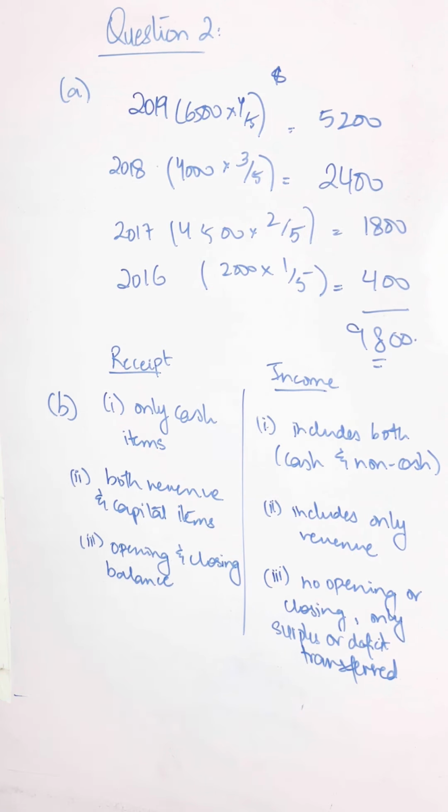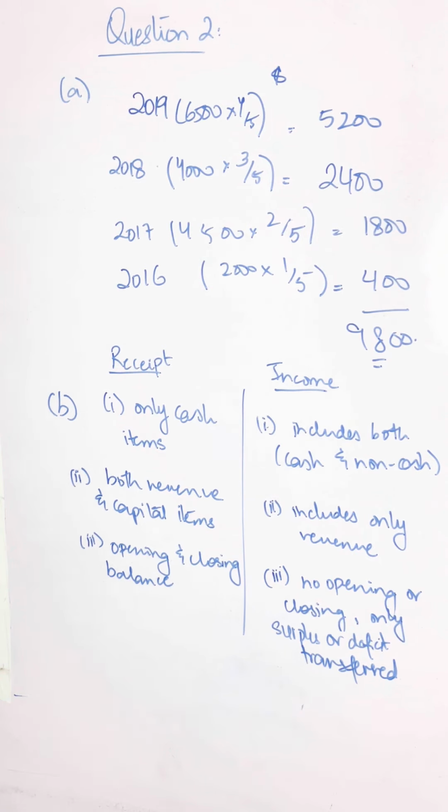We also are given that member subscription was in advance. In 2019 we have 2,700, that is going to be our brought down, and we have a carried down which is 1,100.